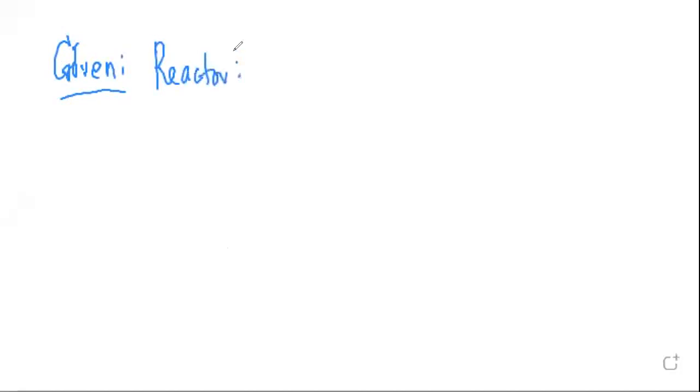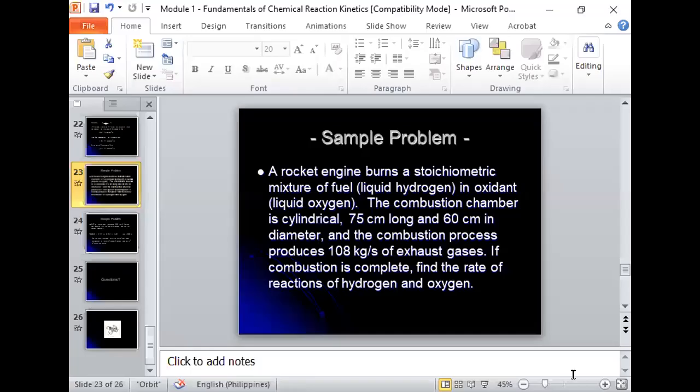What is given with the reactor? You have a cylindrical combustion chamber. That's your reactor, 75 centimeters long and 60 centimeters in diameter. So 75 and 60 for length and diameter.